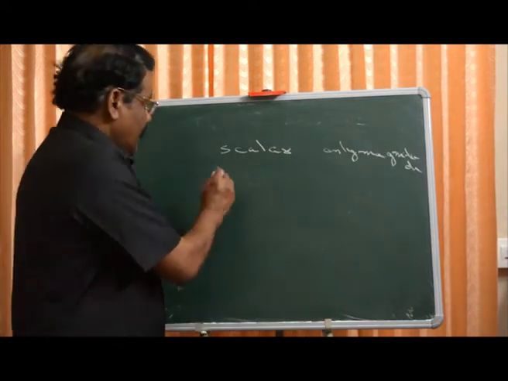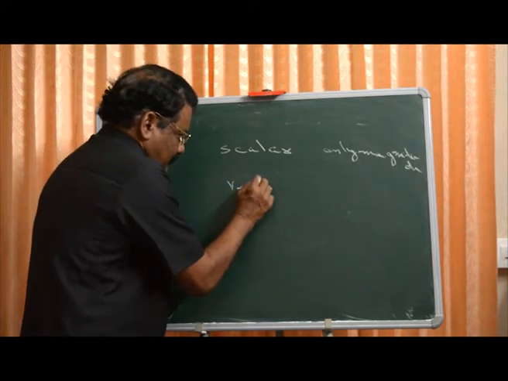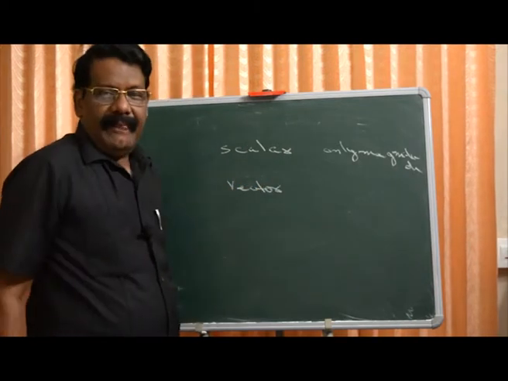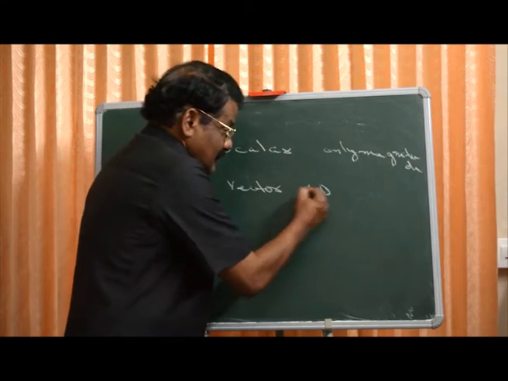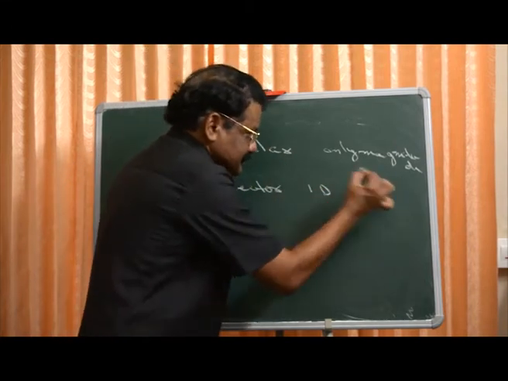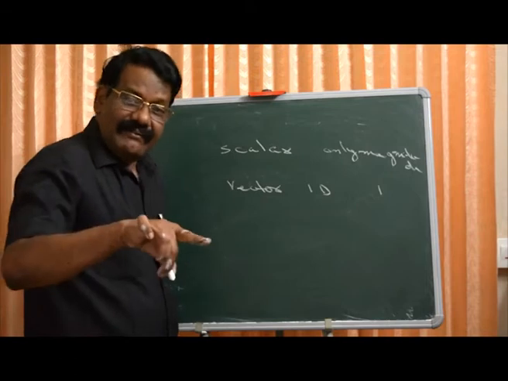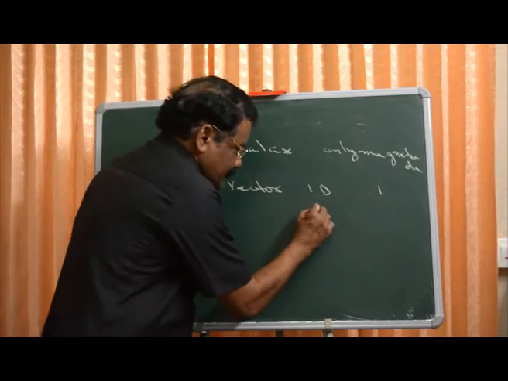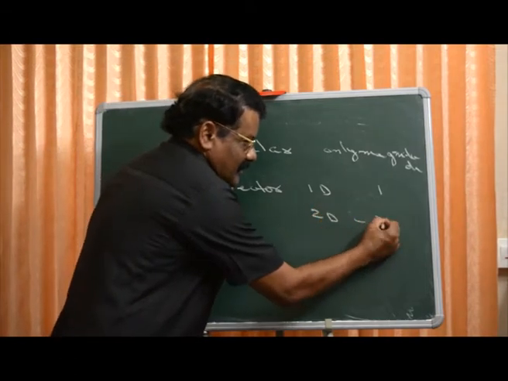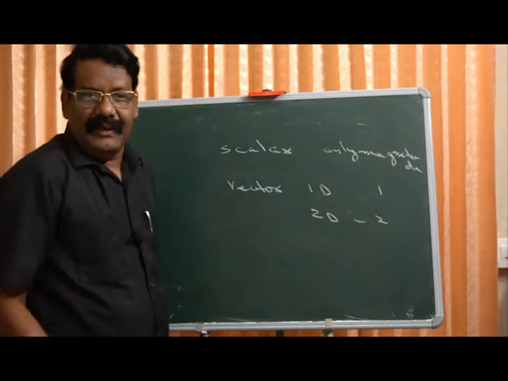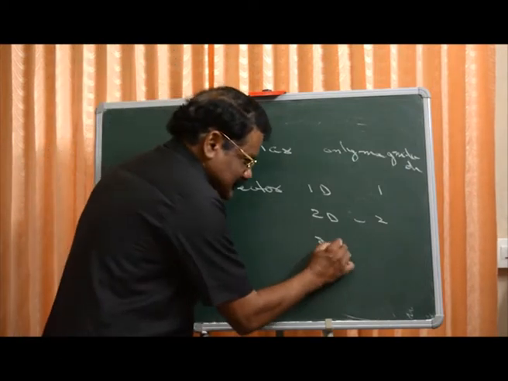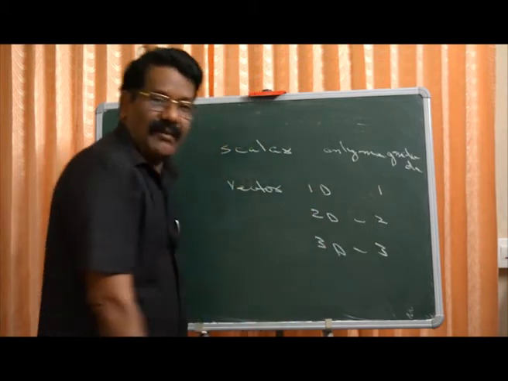But take a vector. In 1 dimension, it has one component. If you are dealing with a vector in 2 dimensions, the number of components is 2. If you are dealing with 3-dimensional space, it will have 3 components.